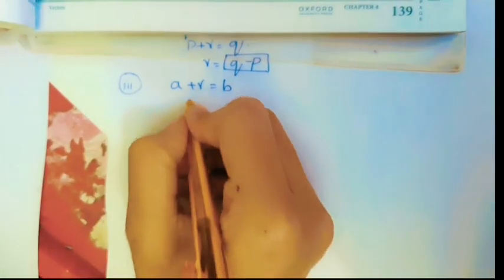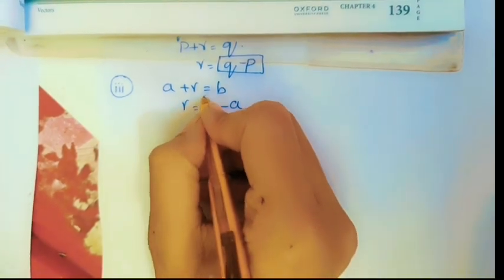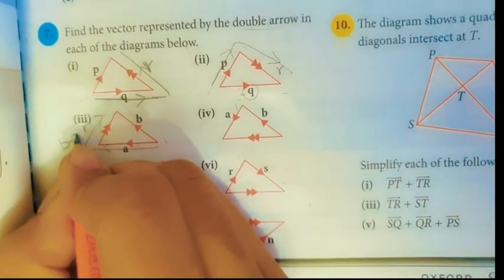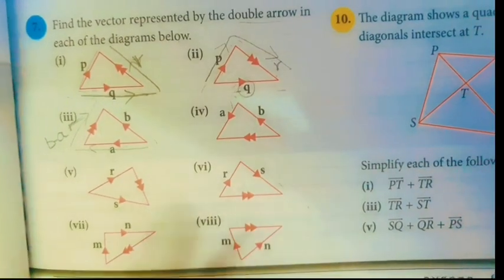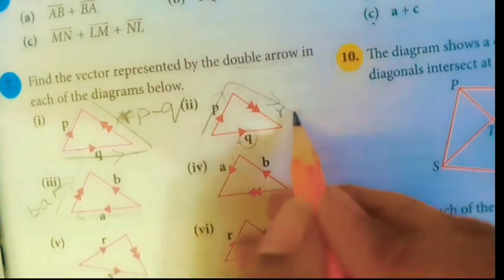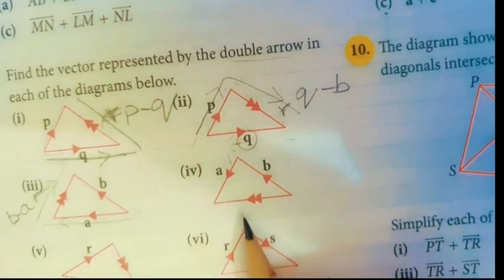So to find the value of R, I can subtract B minus A. So this is the answer of the resultant vector R. It means the value of this resultant vector is B minus A. Okay? And if you want to find this side value it is P minus Q, and here its value is Q minus P. Now move to part 4.